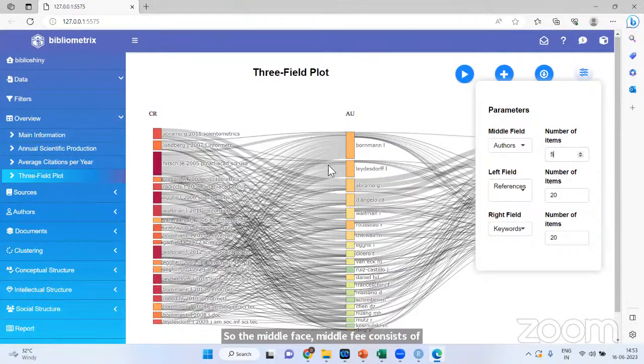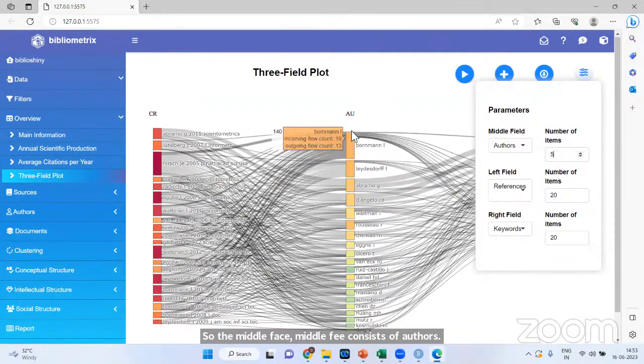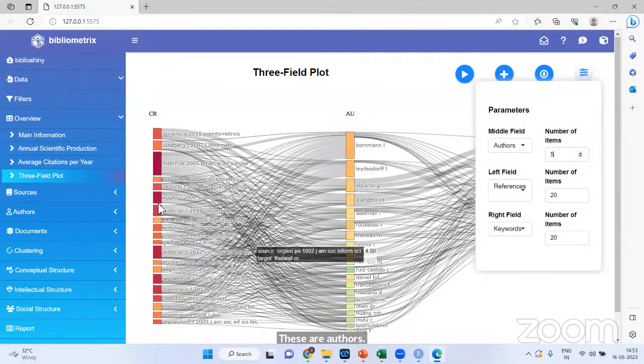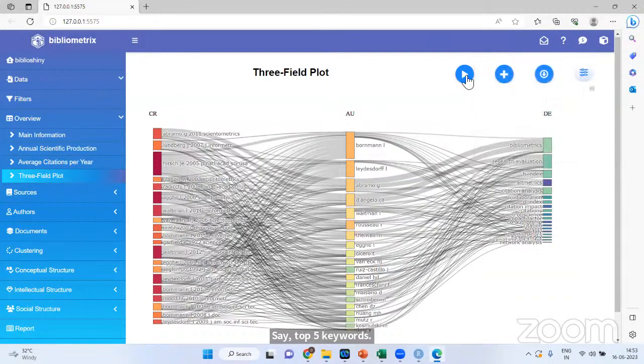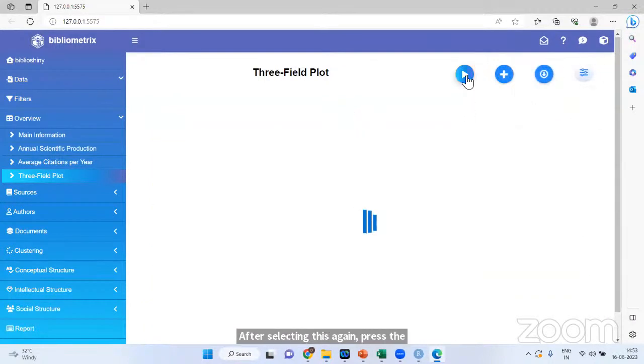authors. These are authors. The left field is for references. So here also I'll make it 5. The right field is keywords. Here also I'll make it the top 5 keywords. After selecting this, again press the play button and the changes will be done.